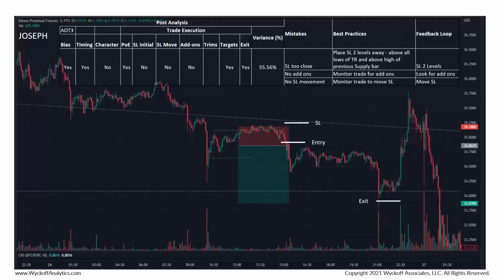Great. I'll just give the background real quick. It's almost hard to see a trading range here. It's definitely a downtrend.